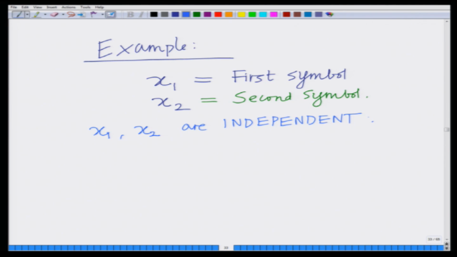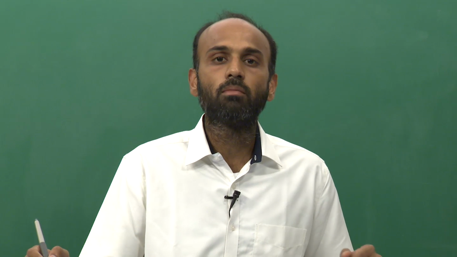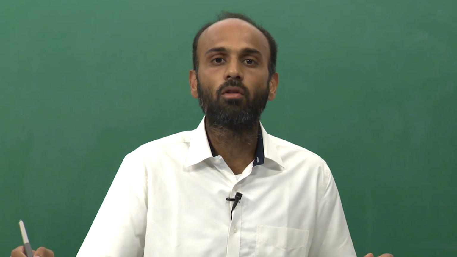We are saying that if x1 is the symbol generated at time instant 1 and x2 is the symbol generated at time instant 2, both of these can be drawn from the same digital modulation constellation.